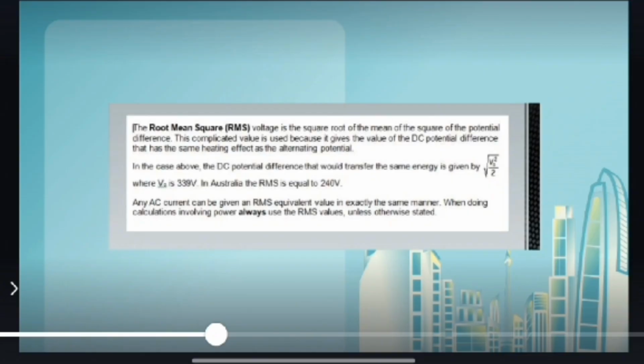In Australia, the RMS is equal to 240 volts. Any AC current can be given an RMS equivalent value in exactly the same manner. When doing calculations involving power, always use the RMS values unless otherwise stated.